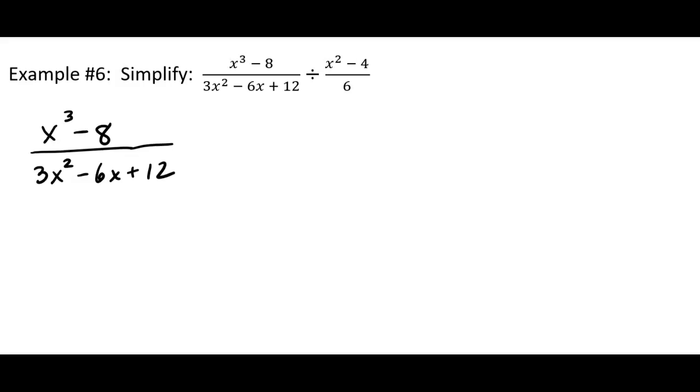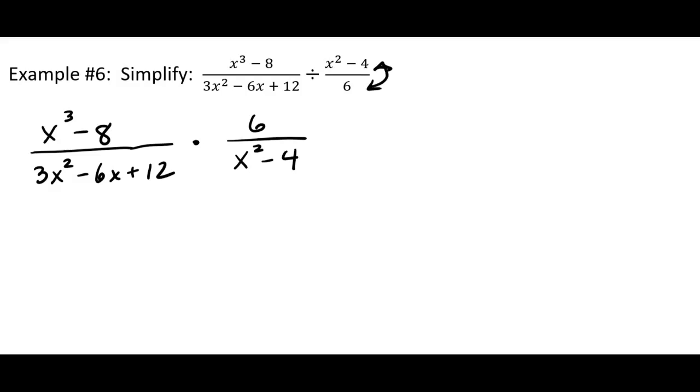It's kind of a pain because you have to rewrite the whole thing, but I'm less likely to make a mistake. Okay, so I'm keeping the first rational expression, changing to multiplication, and now I'm going to flip the second one, the second rational expression. So we're doing that. The numerator is becoming the denominator, and the denominator is becoming the numerator.